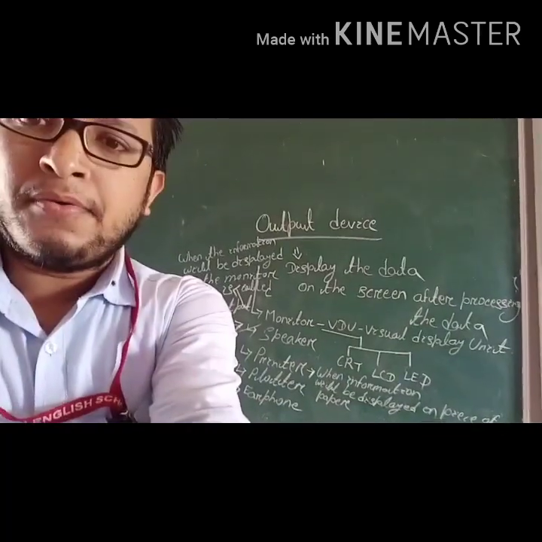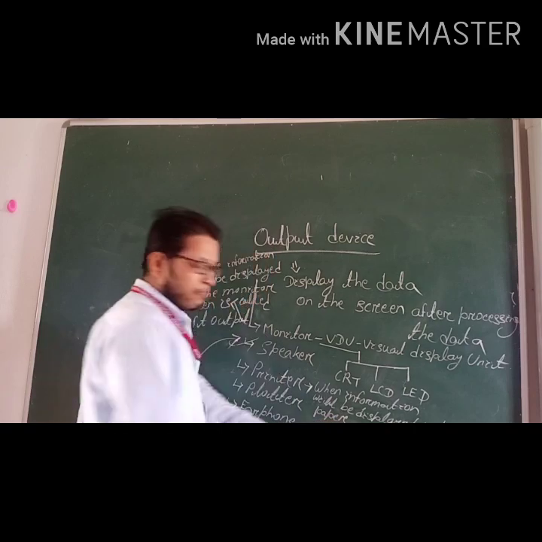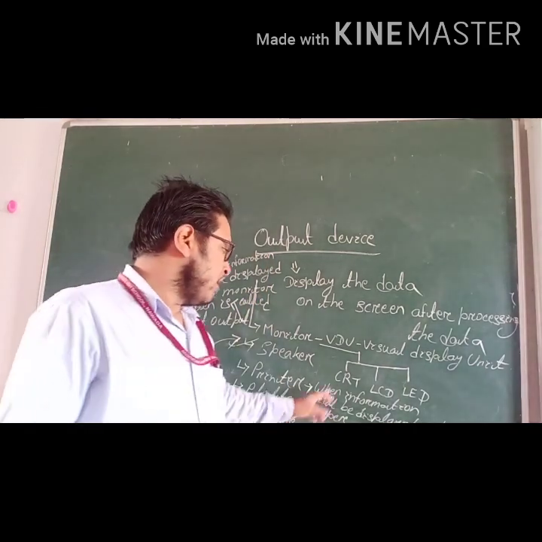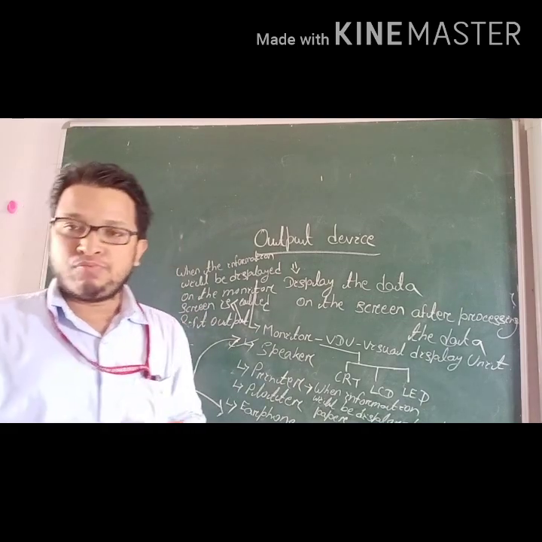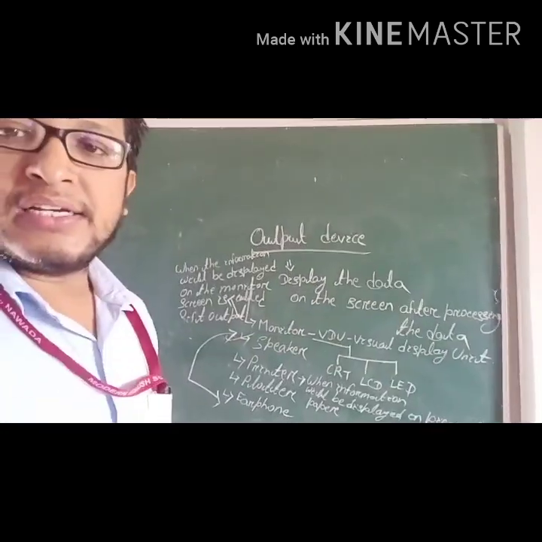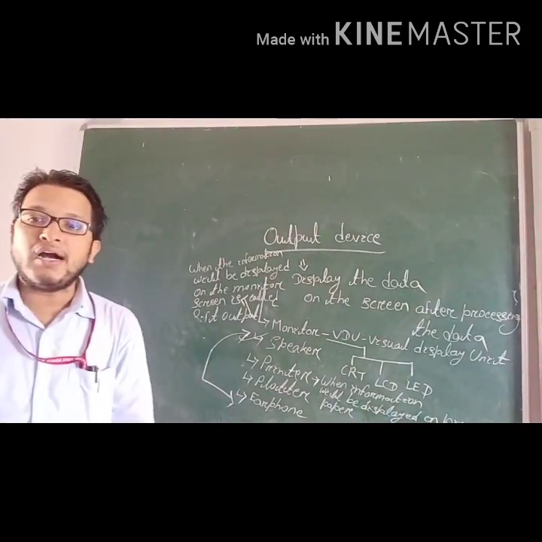Information on a piece of paper is called what, student? It is called a hard output. Remember this one, student. Is that clear? That is called a hard output.